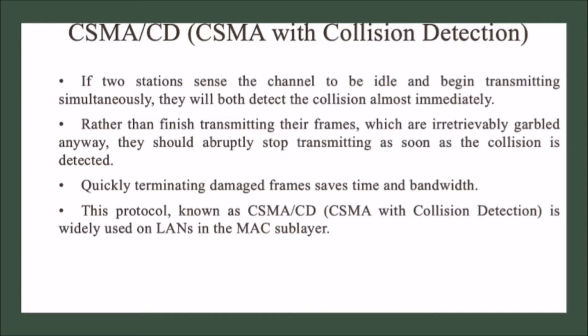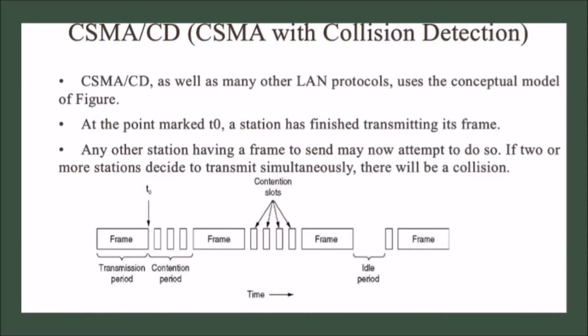This protocol, known as CSMA/CD, carrier sense multiple access with collision detection, is widely used on LANs in the MAC sublayer. CSMA/CD, as well as many other LAN protocols, uses the conceptual model of the figure. At the point marked T0, a station has finished transmitting its frame.